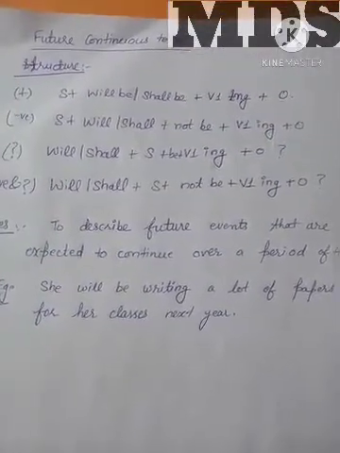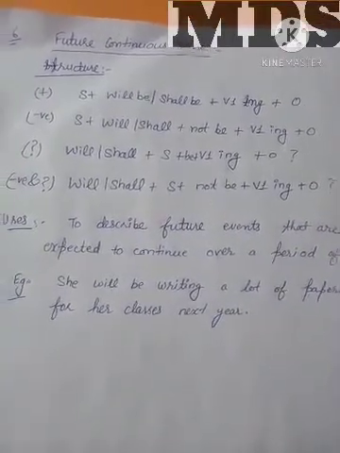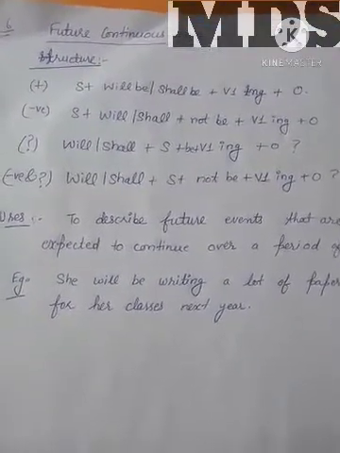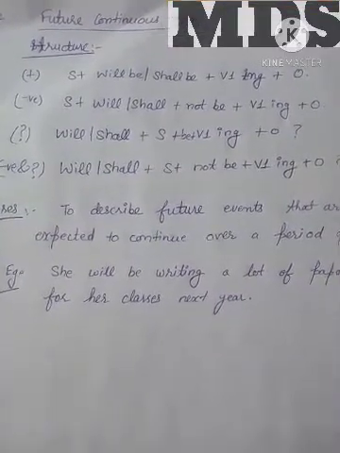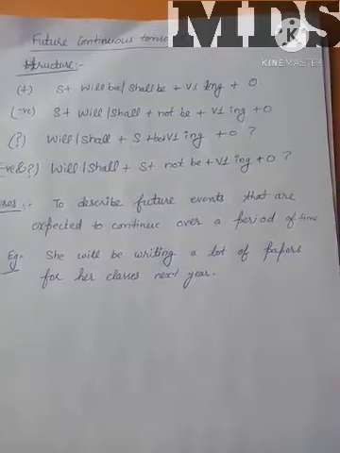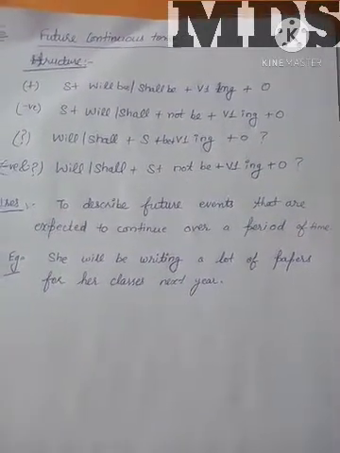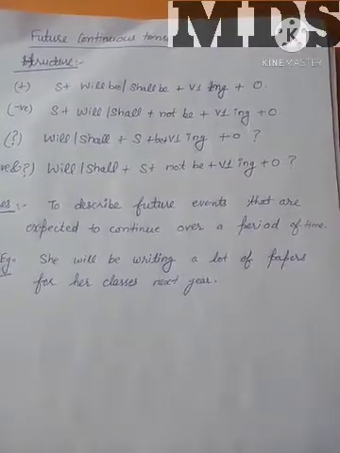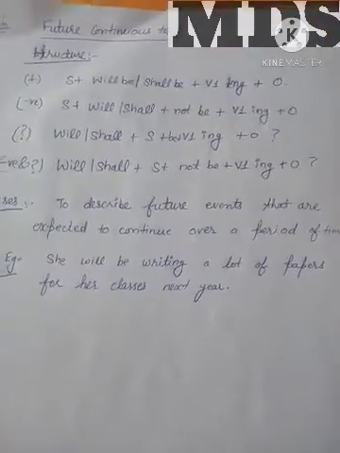So this will, we are going to use it with the second person and the third person, and shall will be used with the first person like I and we. This tense, like the name suggests, is used to describe future events that are expected to continue over a period of time.